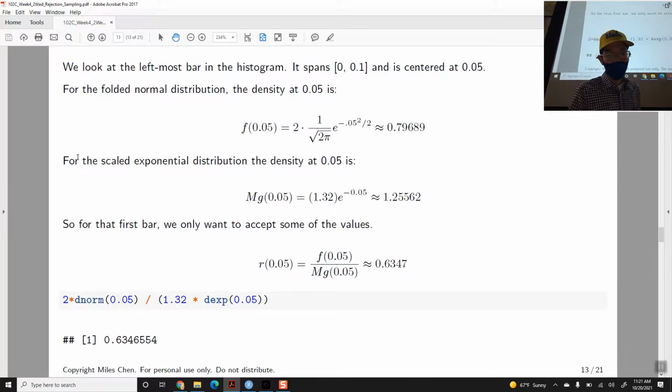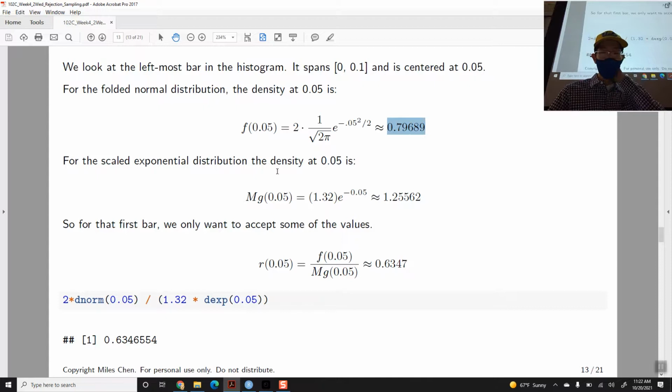So when we do the calculations, when we look at the PDF of the folded normal, the PDF of the folded normal is 0.79689 at 0.05. So if I plug in 0.05 to the PDF of the folded normal, I get something around 0.8.